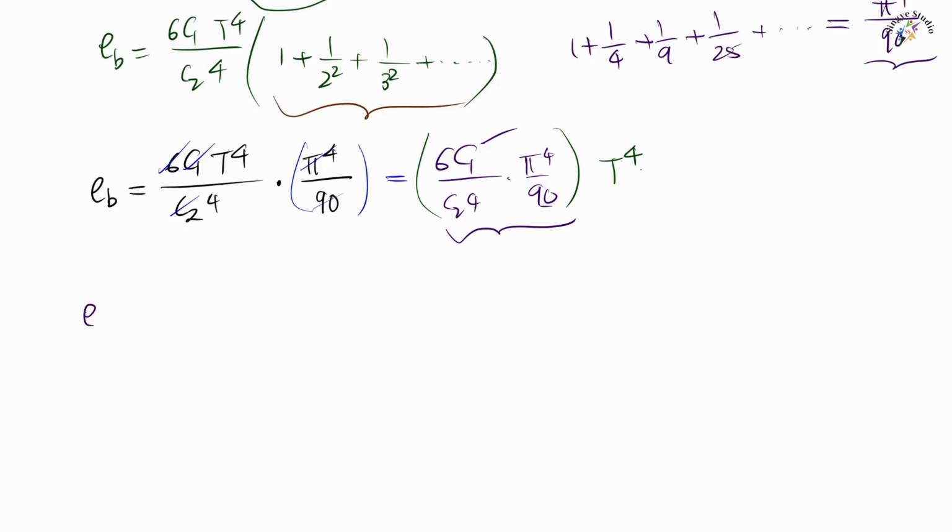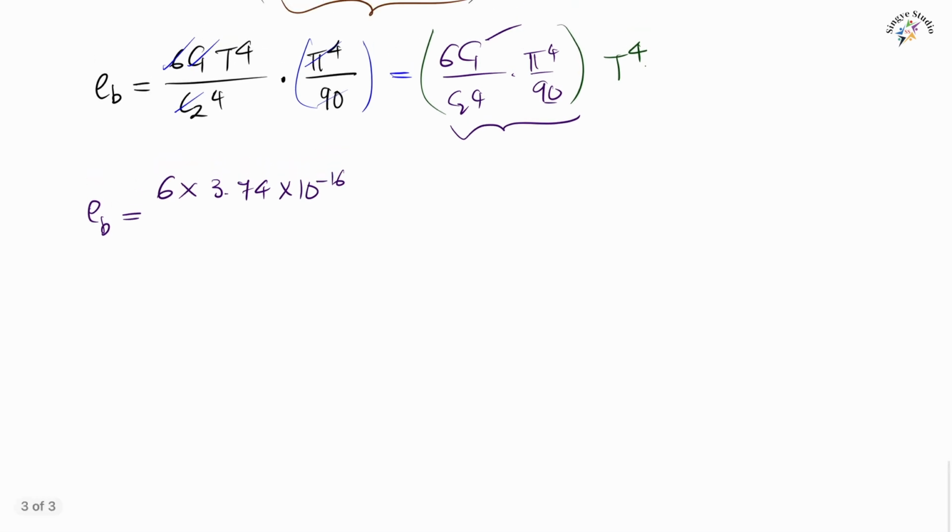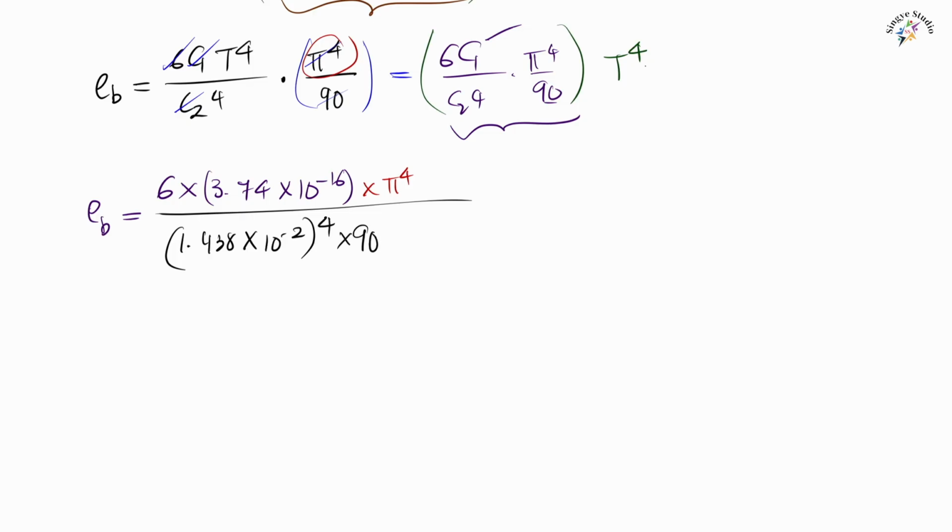So you can get E_b equals 6 times 3.74 times 10 raised to minus 16. Okay, this is the C1 value, times pi raised to 4, divided by C2. What is the C2 value? 1.438 times 10 raised to minus 2, raised to 4, times 90, times T raised to 4.